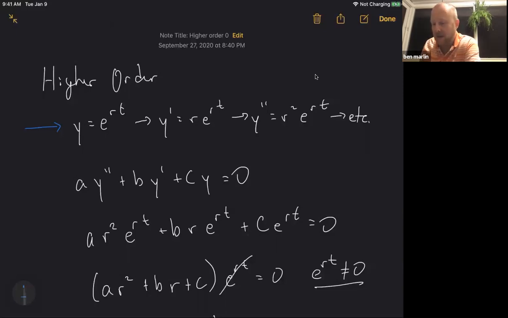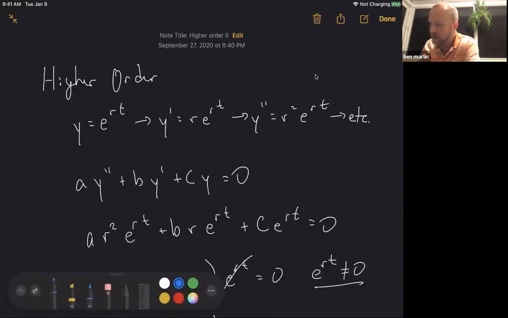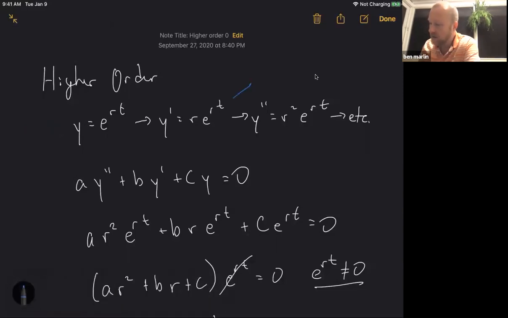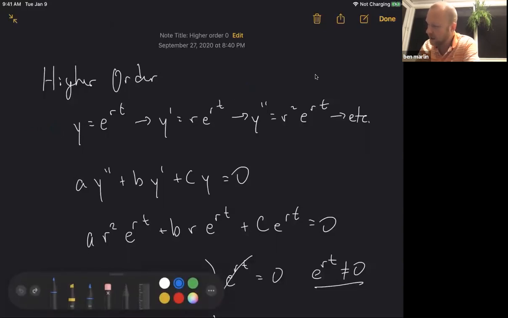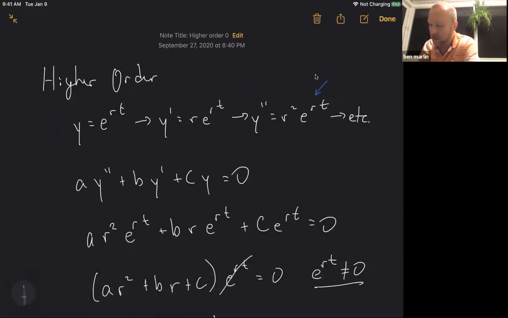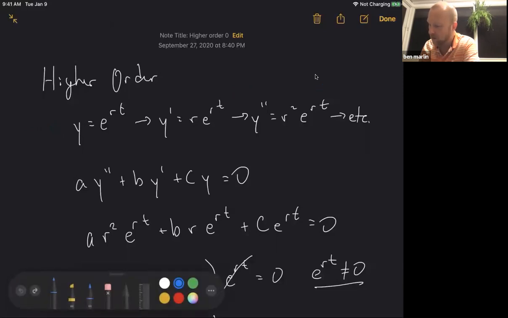The reason we make that guess is that when you take the derivative of e to the rt, you pick up an r, and when you do it again, you pick up another r, and so forth.